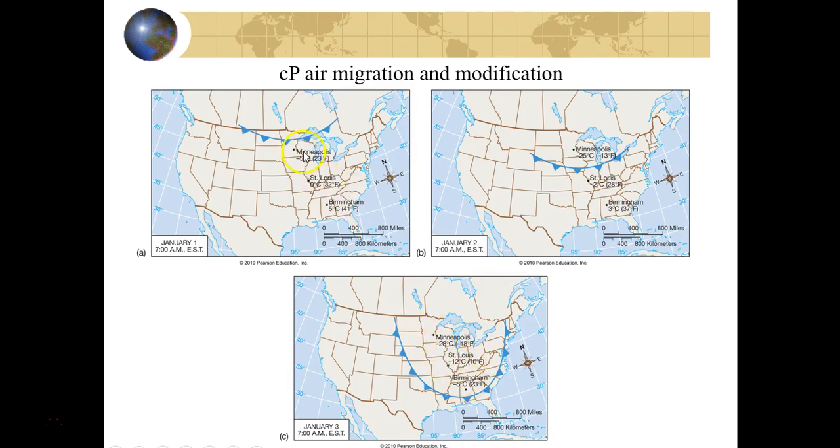Obviously, Minneapolis, Minnesota, being so much closer to the source region of CP air coming out of Canada, was influenced significantly more by the continental polar air than, say, Birmingham, Alabama, being much closer to the maritime tropical air.